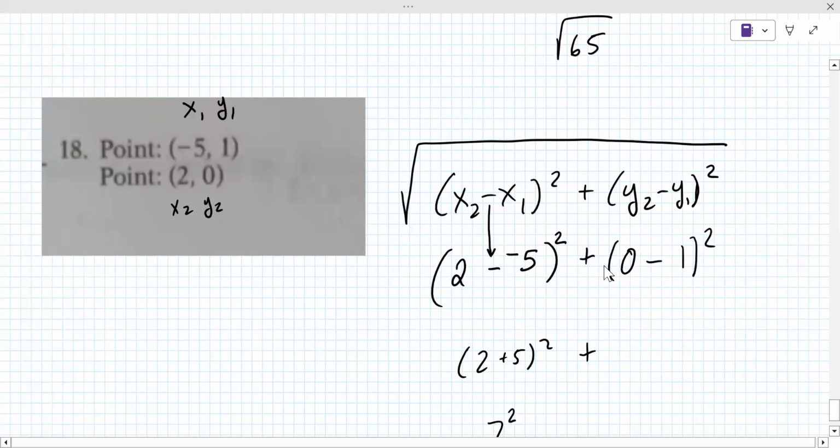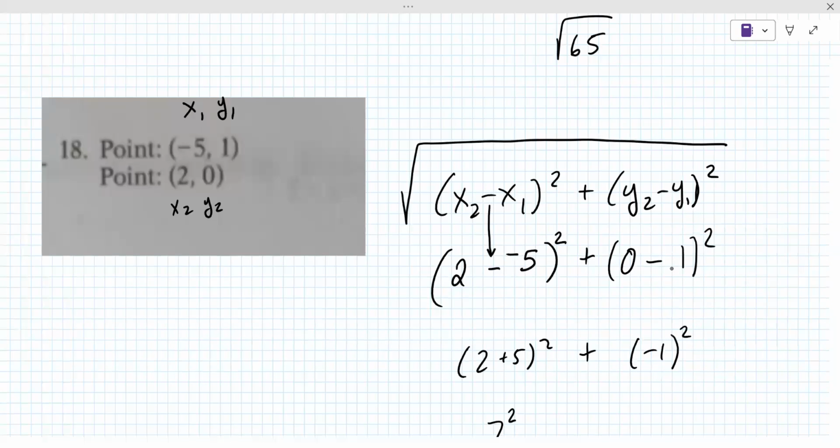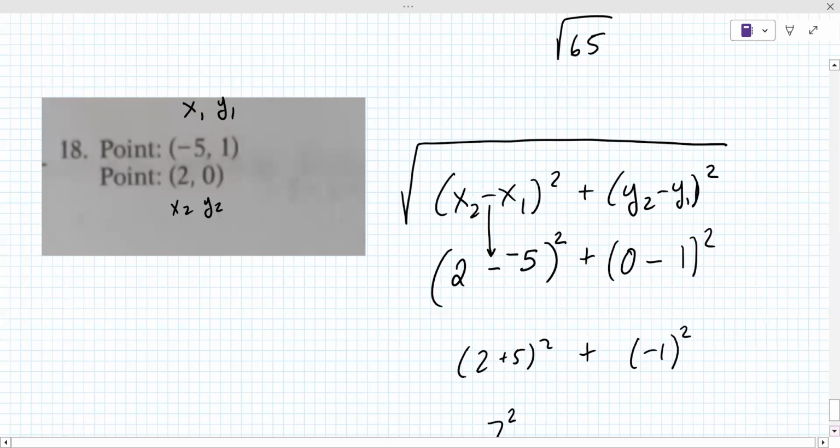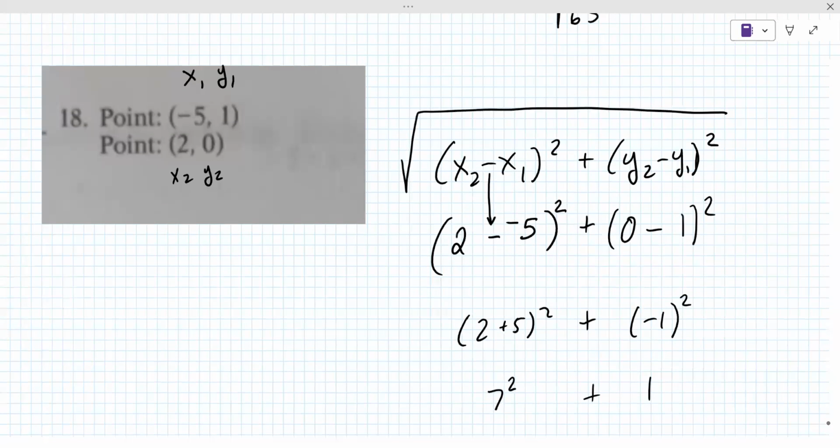You have nothing, or you don't owe anyone anything, but then you borrow $1. So you owe them $1. And we think of owing as being negative. Okay, so that becomes just -1.